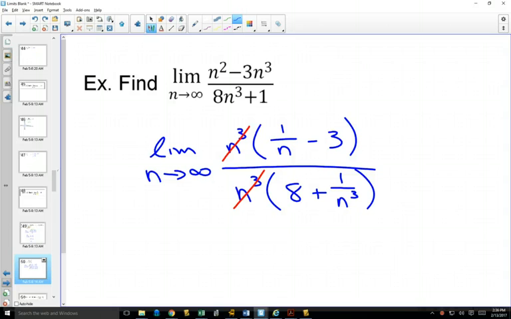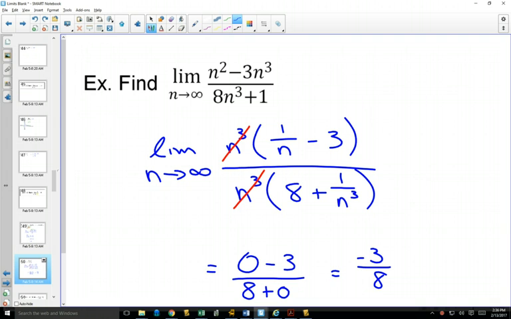And now your n cubes would simplify. If you apply this limit, 1 over n and 1 over n cubed will both be 0. So you're going to get 0 minus 3 over 8 plus 0, which is equal to negative 3 over 8.